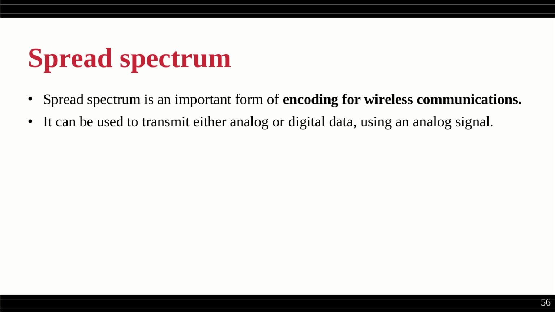But spread spectrum is particularly for wireless communication, where the underlying signal is normally analog. So two categories of encoding are applicable here: digital data to analog signal, as well as analog data to analog signal. For both these encoding techniques, you can apply spread spectrum as an additional layer of encoding.